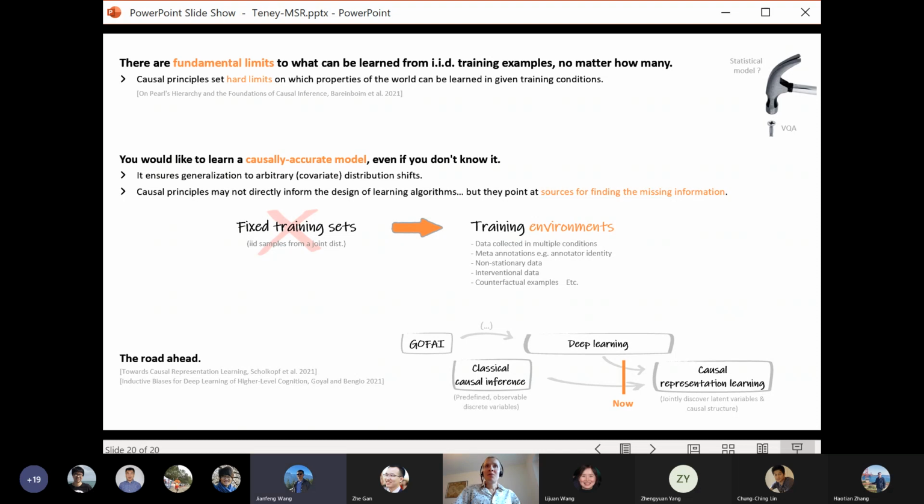But these kind of methods are obviously not suitable for the high dimensional data that we want to use, like images and natural language. So the next step is what some people have called causal representation learning. And this is basically discovering latent causal variables and their structure jointly. So I think this will eventually emerge probably from ideas both in deep learning and ideas in causal reasoning.